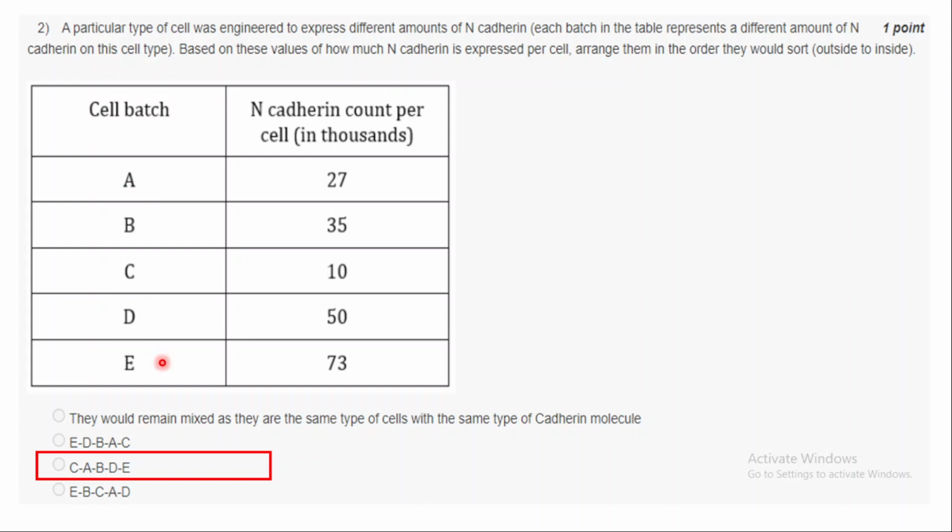But the difference is the number of adherens junctions, or the number of interactions the cell forms. That is why the weakest interaction, with 10 N-cadherin per cell, forms the outermost layer, and the E layer with 73 N-cadherin per cell will form the inner core.